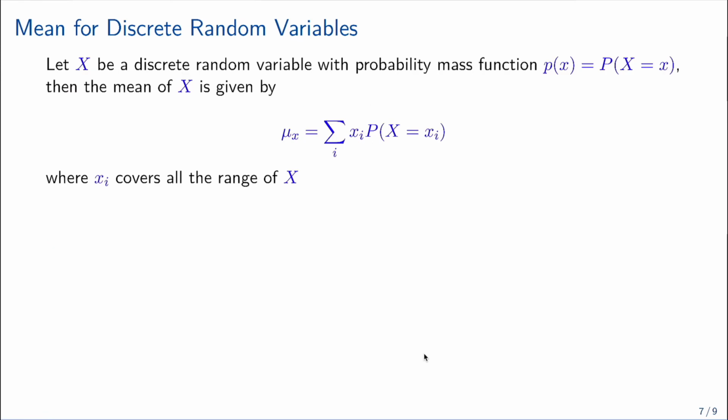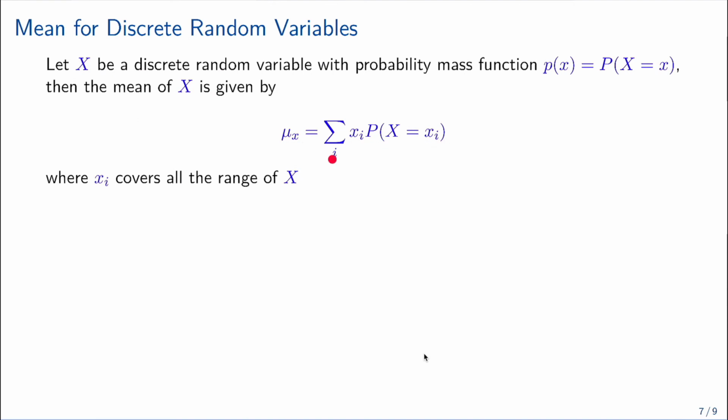Mean for discrete random variables. Let x be a discrete random variable with probability mass function p of x. Then the mean of x is given by mu of x, which is equal to the sum of xi multiplied by the probability of x being equal to xi.